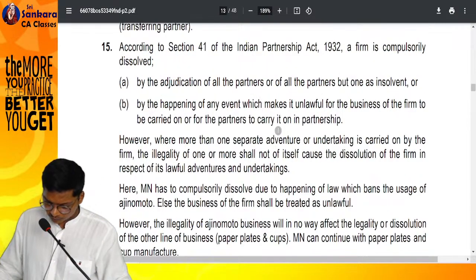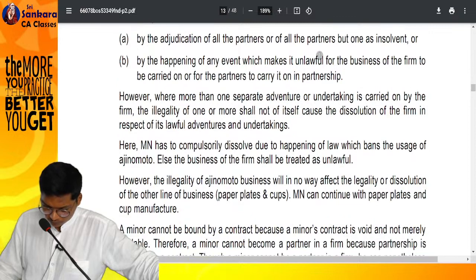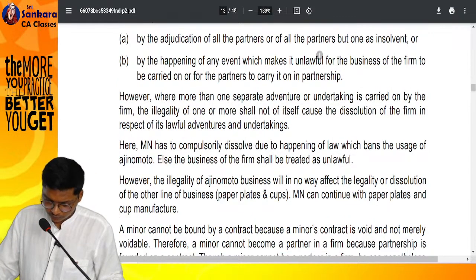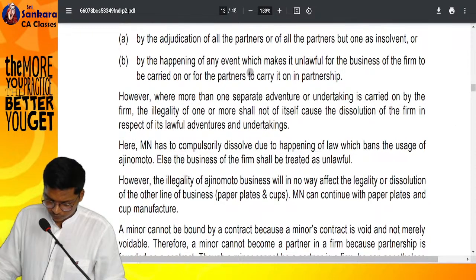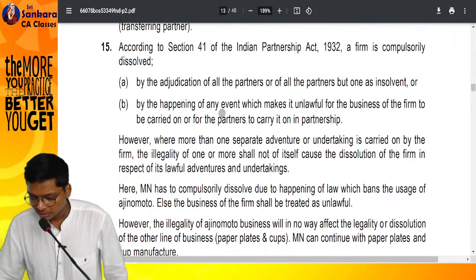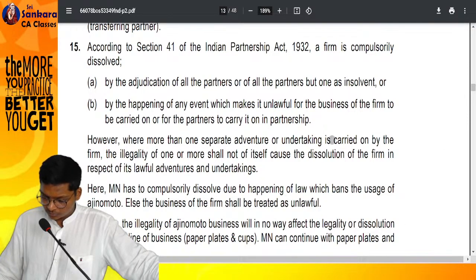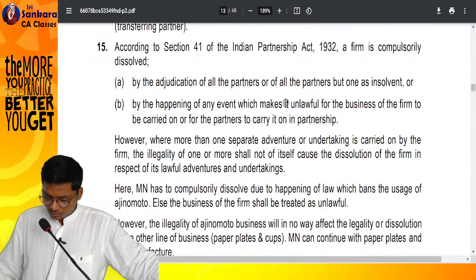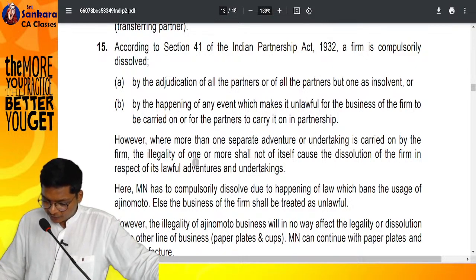Here is the answer, guys. Section 41, dissolution. Firm has to be dissolved when... however, where there is more than one separate adventure or undertaking carried on, illegality of one or more shall not itself cause the dissolution of the firm in respect of its lawful ones.